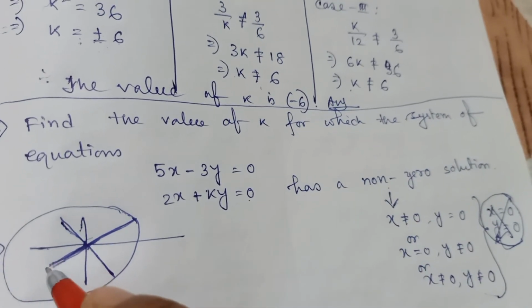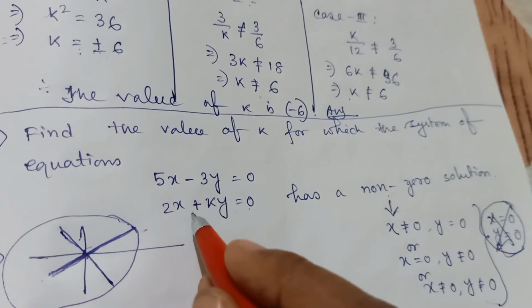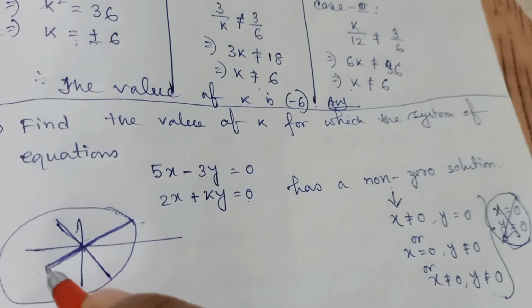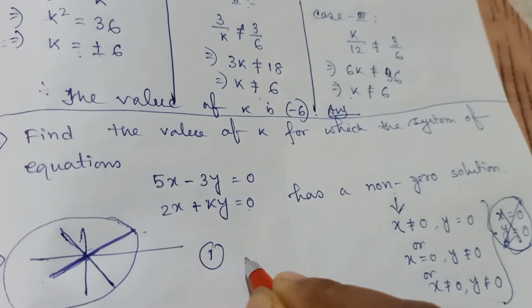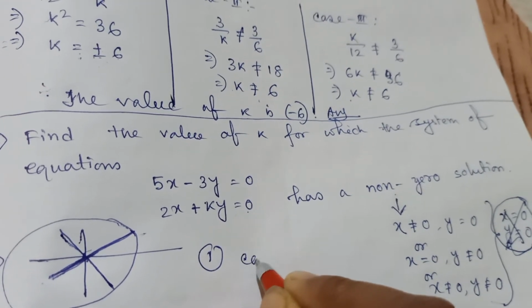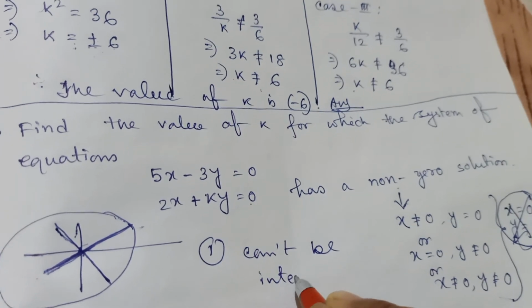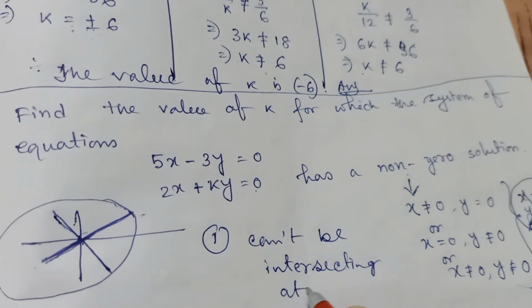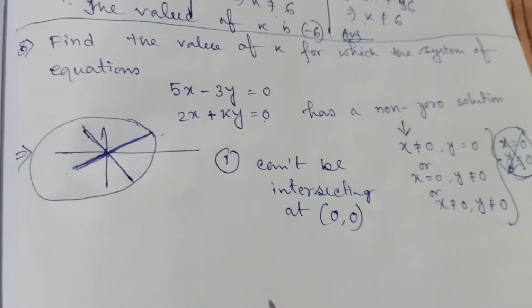And suppose these two, obviously these two can't be parallel, because both lines are going through the origin. So number one, they can't be intersecting at 0, 0, because we need to have a non-zero solution.